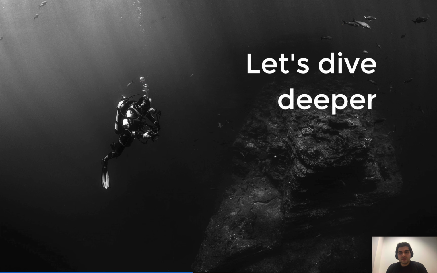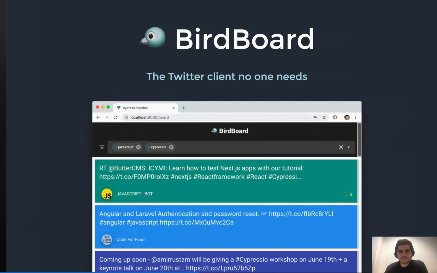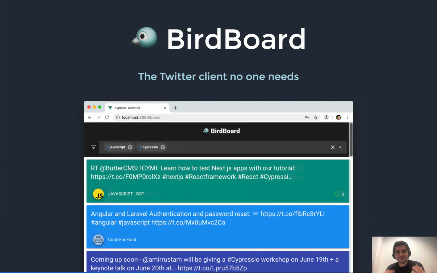Okay, so now we've dived in a bit, but let's go ahead and dive in deeper. To explore some key concepts, and just for this webcast, I've written this example application. I call it Birdboard. It's a simple CRUD client that no one needs and no one ever asked for, but it's really going to help us explore some concepts here.